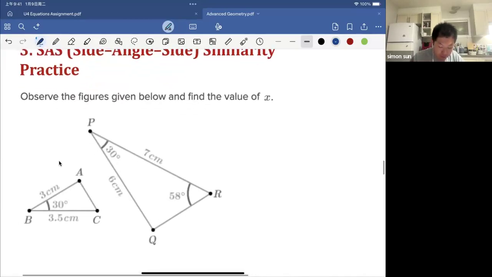Enlarge this one. No, X is not marked here, right? This one is X. This angle.